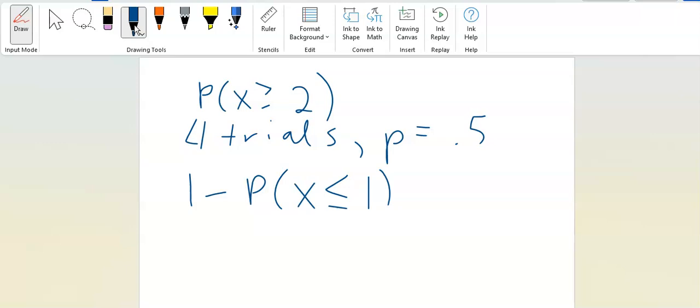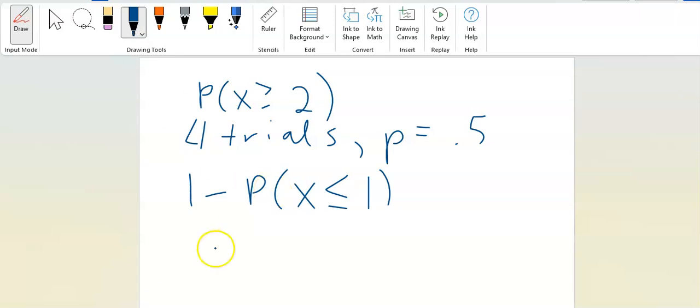Remember with these binomial distributions, we won't get any numbers between 1 and 2, it'll just be the counting numbers. So we need to find in Excel the probability of x less than or equal to 1 and subtract it from 1, and that will give us the probability that x is greater than or equal to 2.